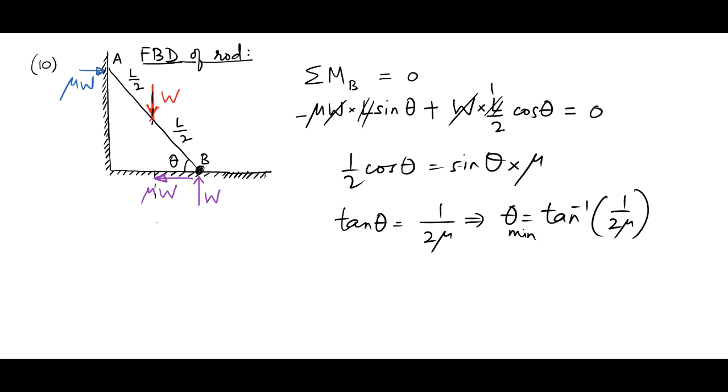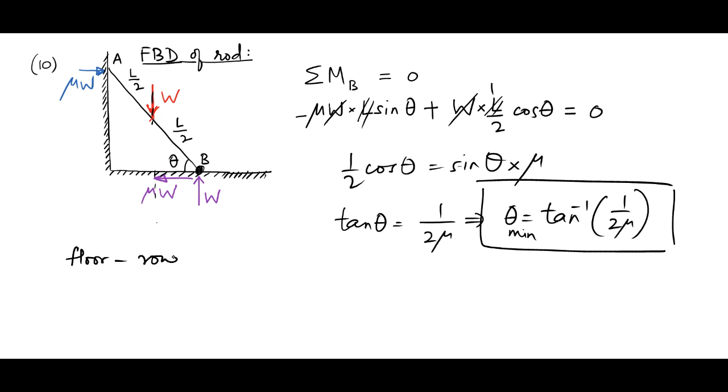Now there is another thing to note, very interesting in this question. We got a value of theta min as tan inverse of 1 by 2 mu. Now just imagine a scenario, an experiment in which the floor becomes rougher and rougher.